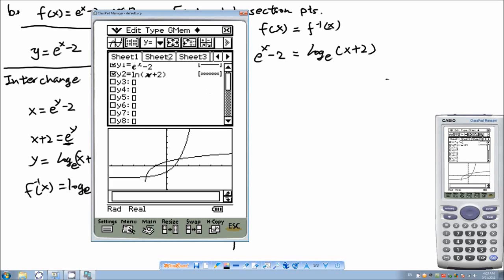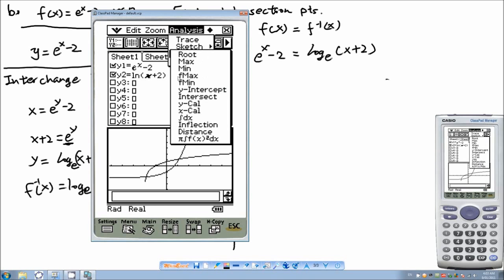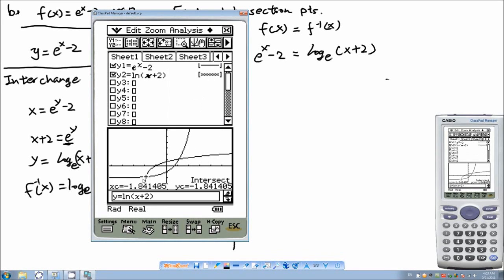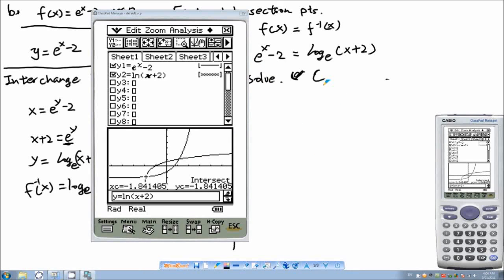What I do is I click on the graph, go to analyze, JSolve, and intersects. So I will have one intersect there, which is minus 1.84.